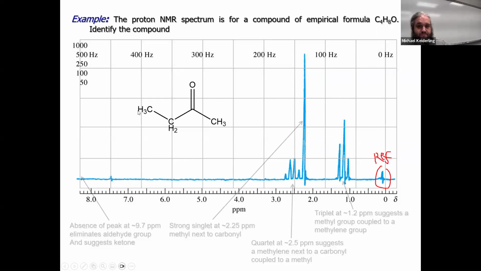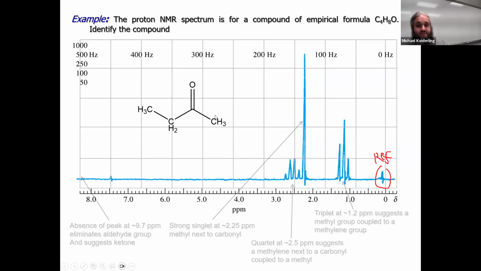So this methyl is split into 3 by the methylene group here. This methylene group is split into 4 by the methyl group here.